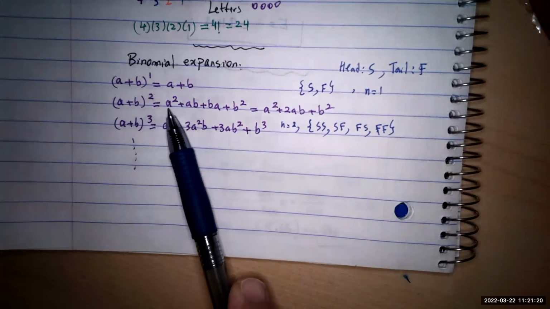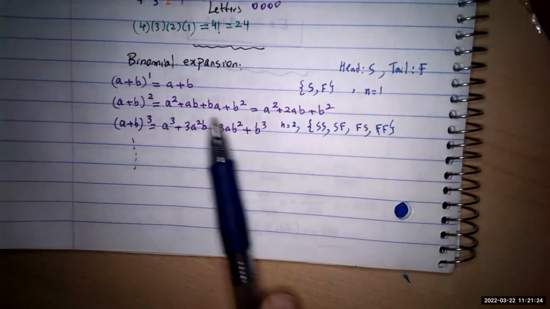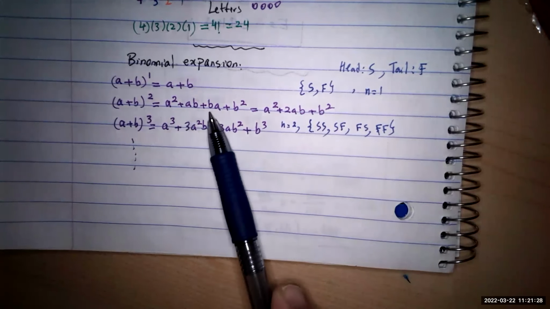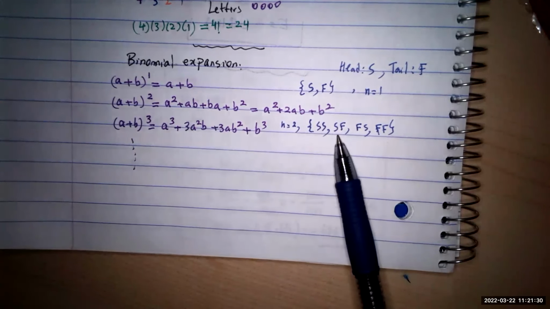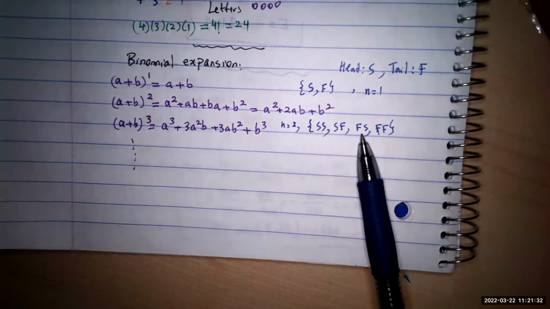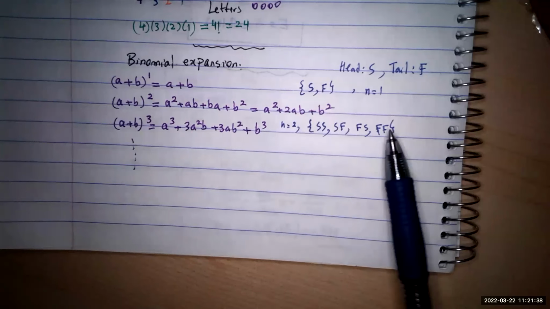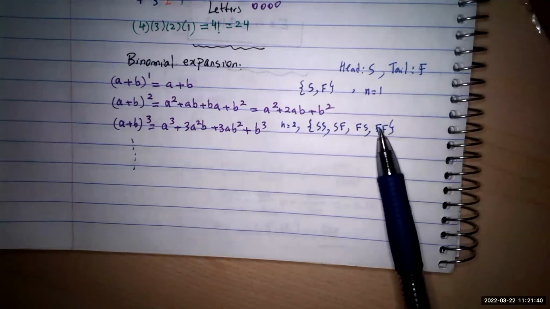Look at this one. I can think about A squared as A times A, so that gives my double success. This AB and BA represents when I get a success, failure, or failure and success. And this last one gives me double failure.